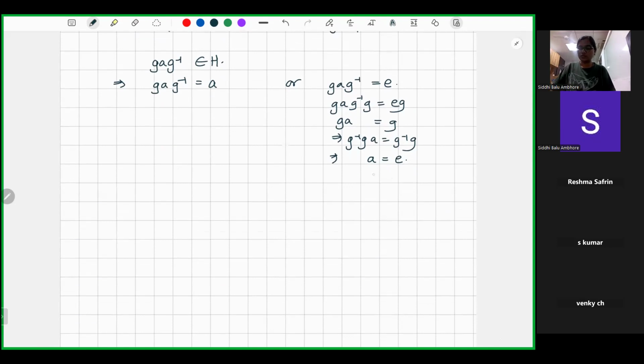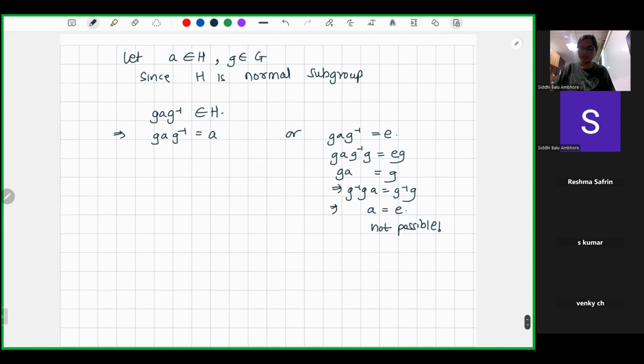I mean, this is not possible actually because we just chose this A from H. Don't mistake it, or let me just write X here instead of this A. X here and X here. Is this confusing?